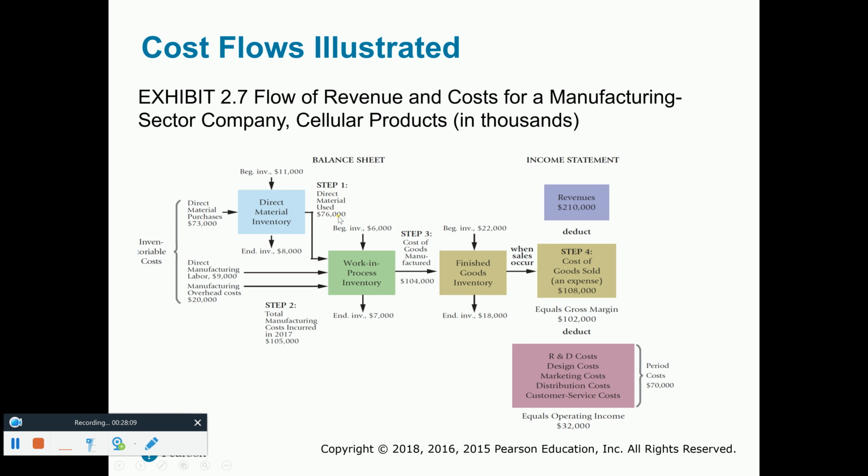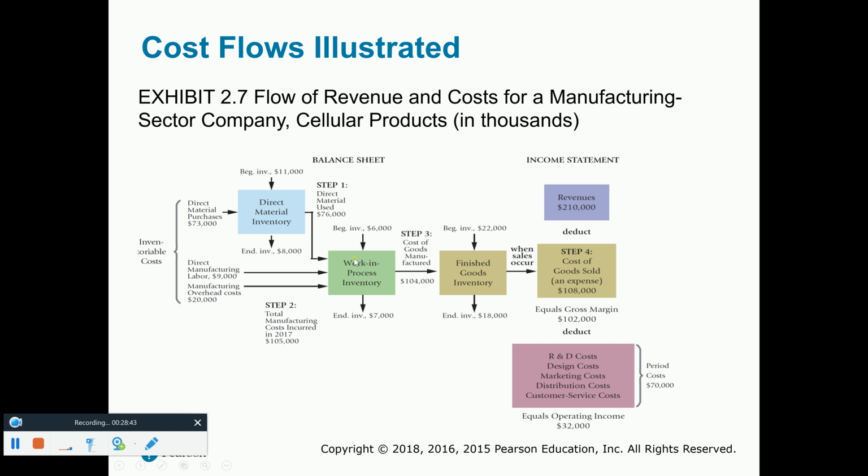Now the WIP account, the beginning WIP balance, which is the ending balance of the prior year, was 6,000. Now WIP, how are we going to add WIP? Well, 6,000, we're going to add our direct materials, which we just calculated at 76. And what else are we adding during the WIP process? We are adding labor and overhead.